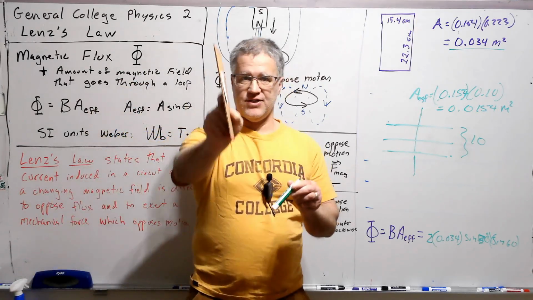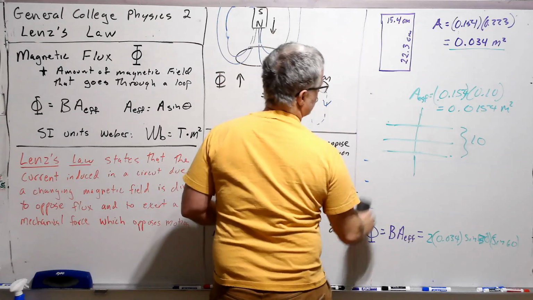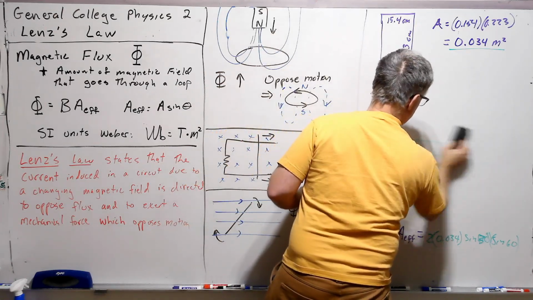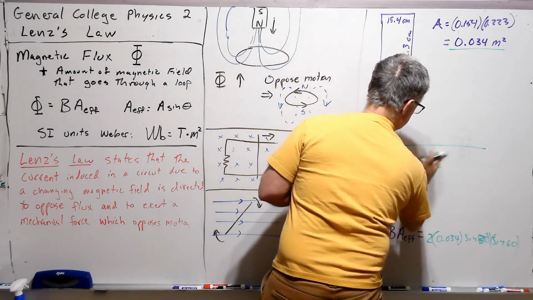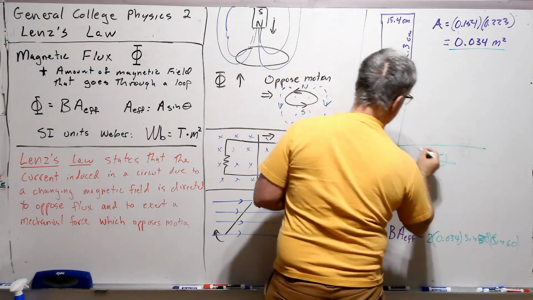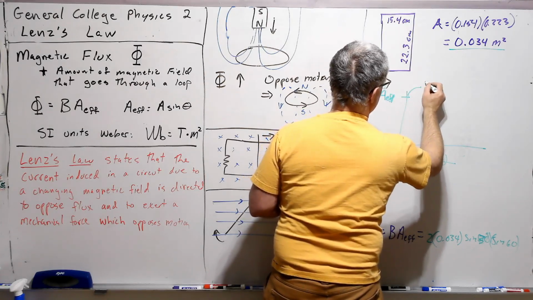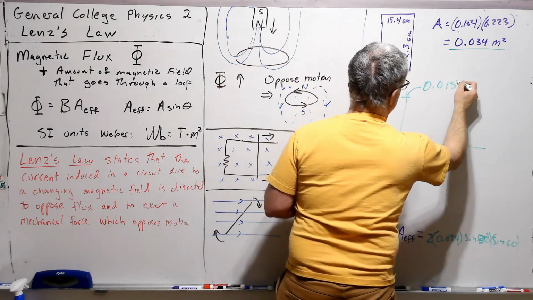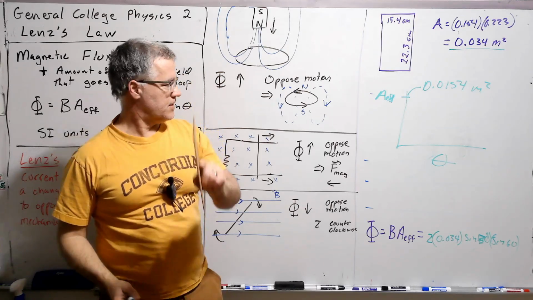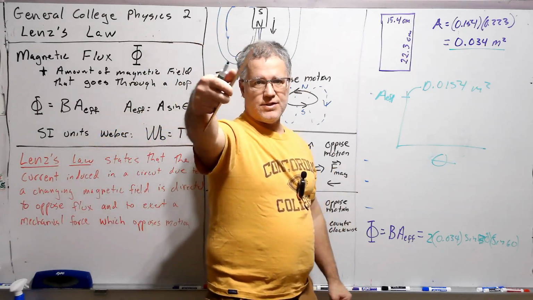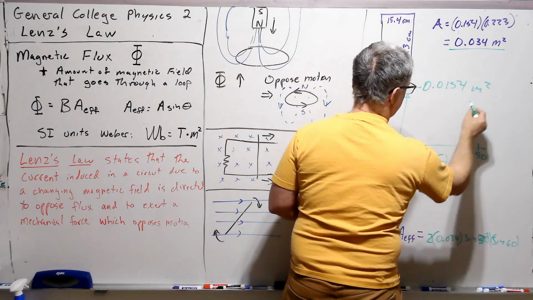So if we had something like that, now let's imagine twisting this, right? Let's plot our effective area. Here we are like this. Now we're going to turn this down. This is 90 degrees, I guess. And here's 0 over here.